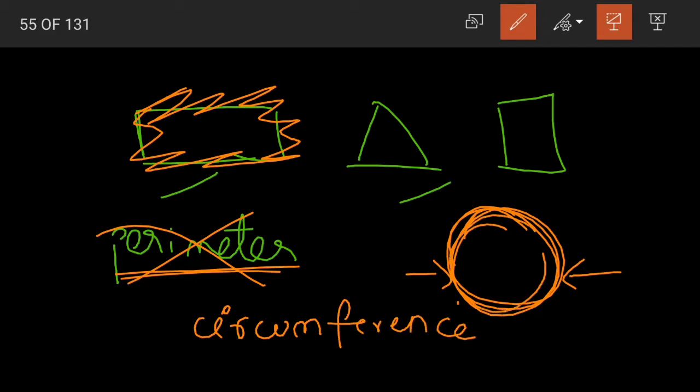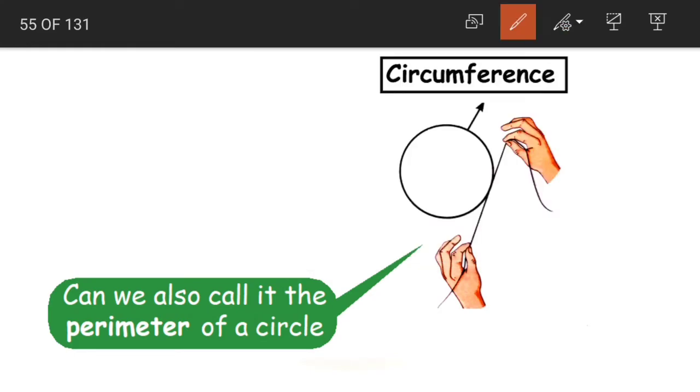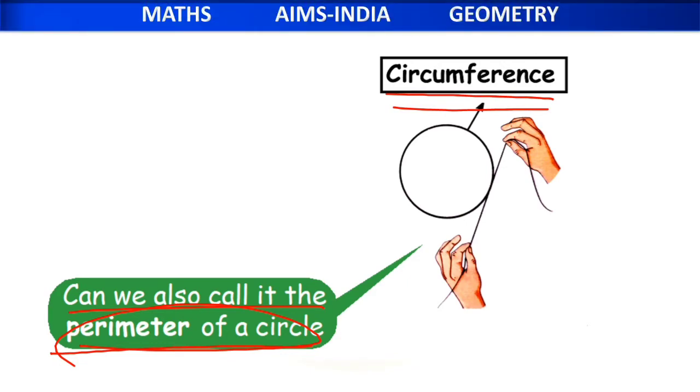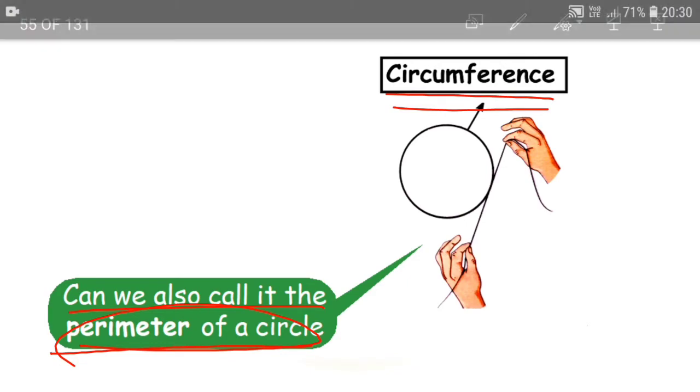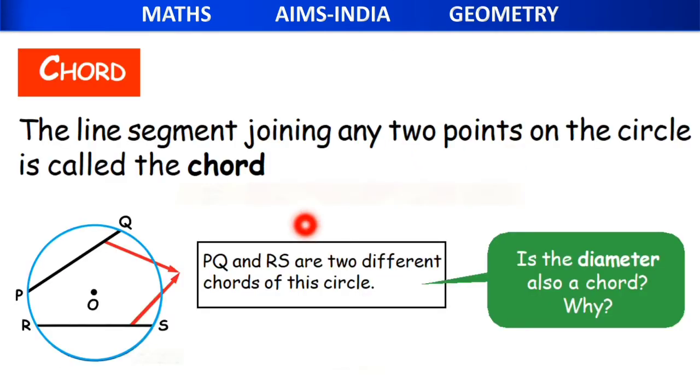The length of the boundary of our circle is called the circumference of our circle. I hope this is clear. Circumference is nothing but the perimeter of a circle. For the circle, the perimeter is called by a special name, that is our circumference. I hope this is clear children.